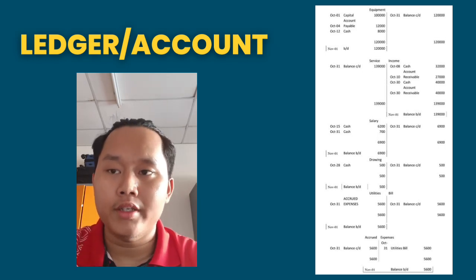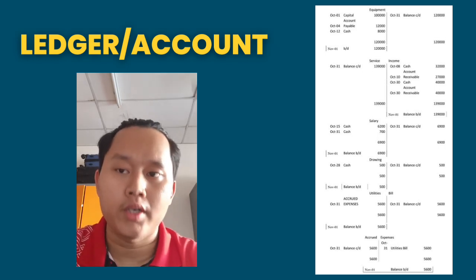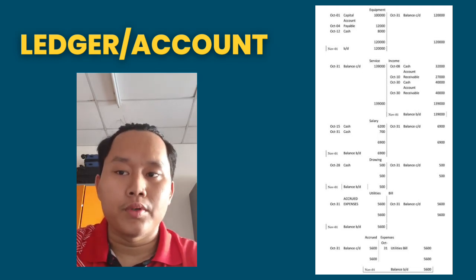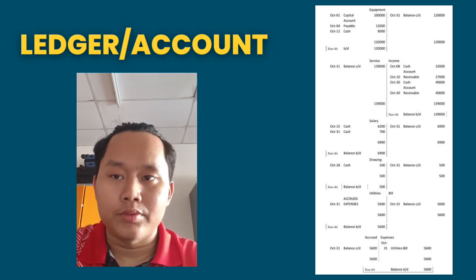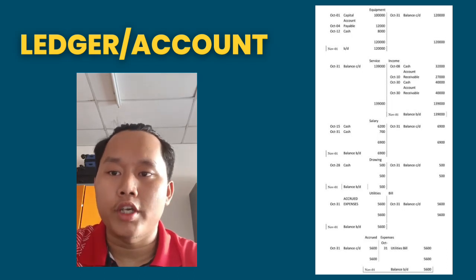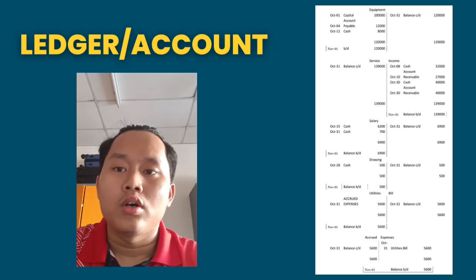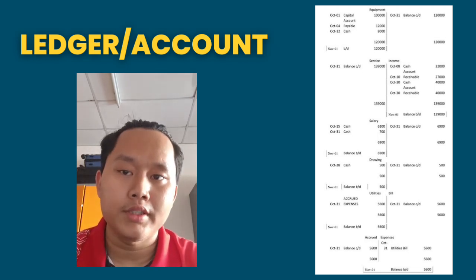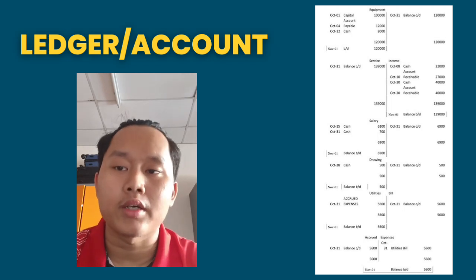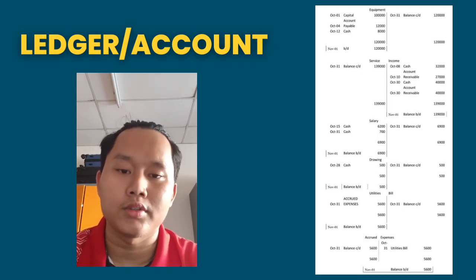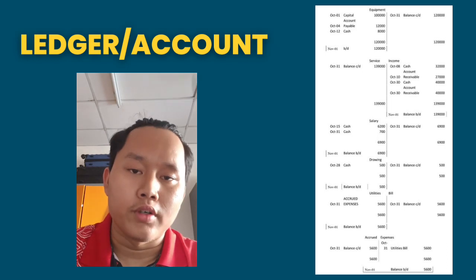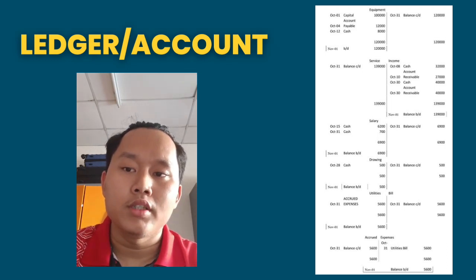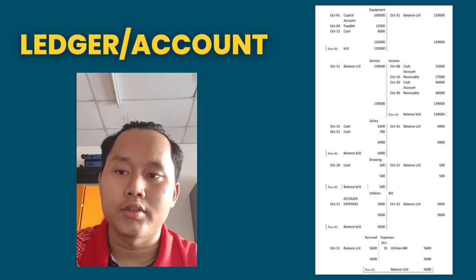In the debit side is October 1 capital 100,000, October 4 account payable 12,000, and October 12 cash 8,000. In the credit side is October 31 balance CD 120,000, and the total of the two in equipment account is 120,000. For November 1, balance BD is 120,000.